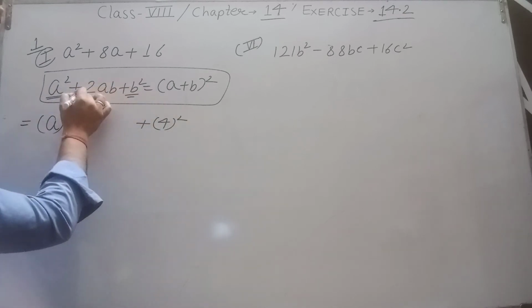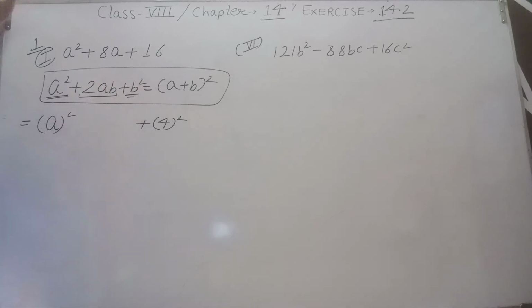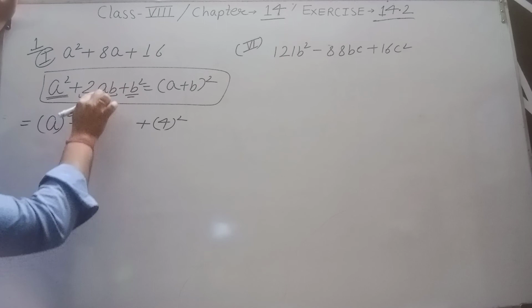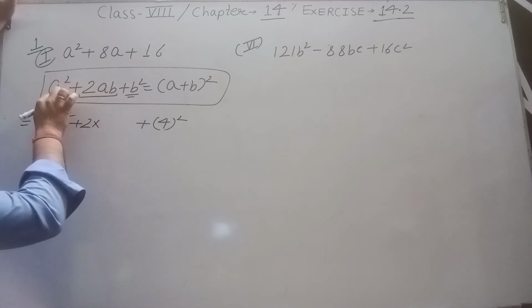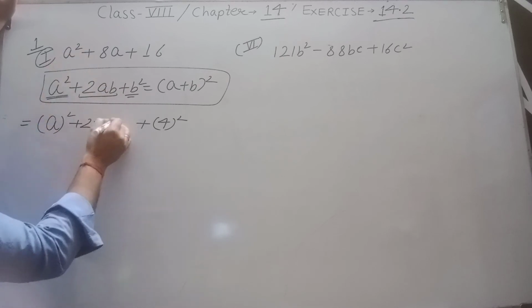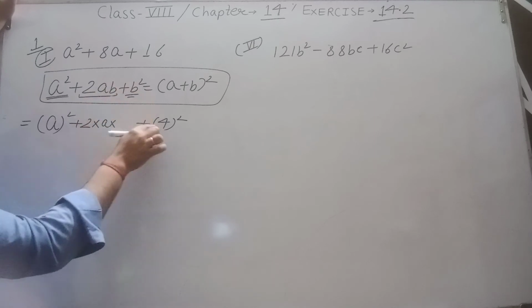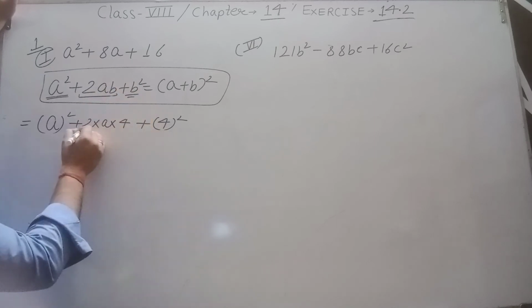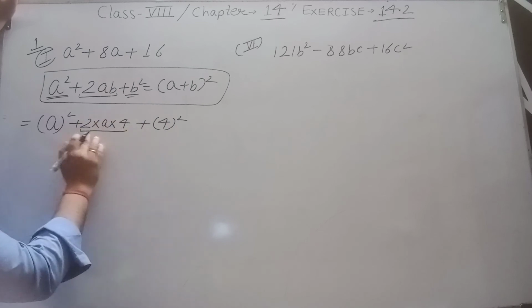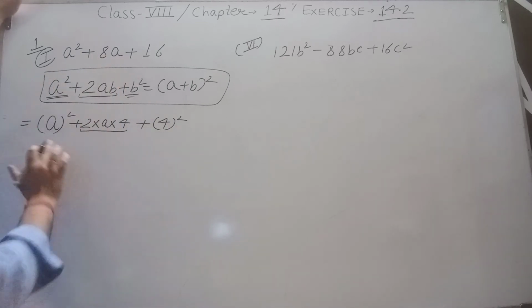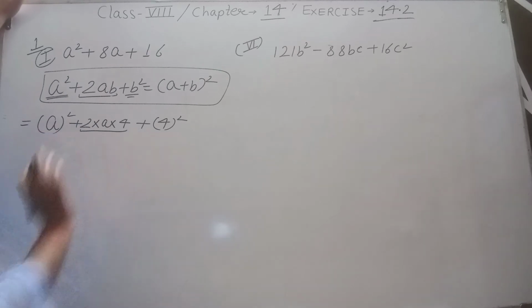Now we have to note down 2ab. That means 2 multiply a, which is obviously a, and b is 4, and check their multiplication is 8a and it is also 8a. So it is the form of the identity.